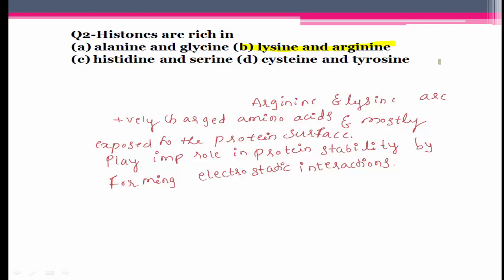Arginine and lysine are positively charged amino acids, mostly exposed on the protein surface, and they play an important role in protein stability because they produce electrostatic interactions. So lysine and arginine are the amino acids which are richly present in the histone.